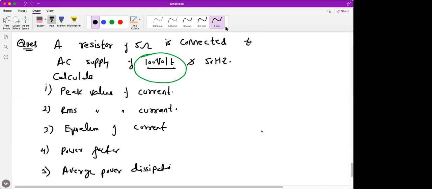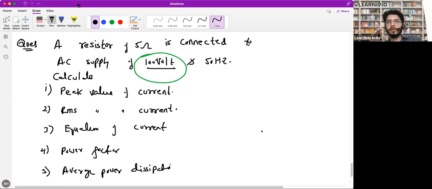So 100 volt is average. Sorry, not the average, but the RMS value. See, if in AC, the value is not given, it's not mentioned whether this is average, instantaneous, peak, whatever, then take this as the RMS value. In AC, RMS value is the practical value of AC.